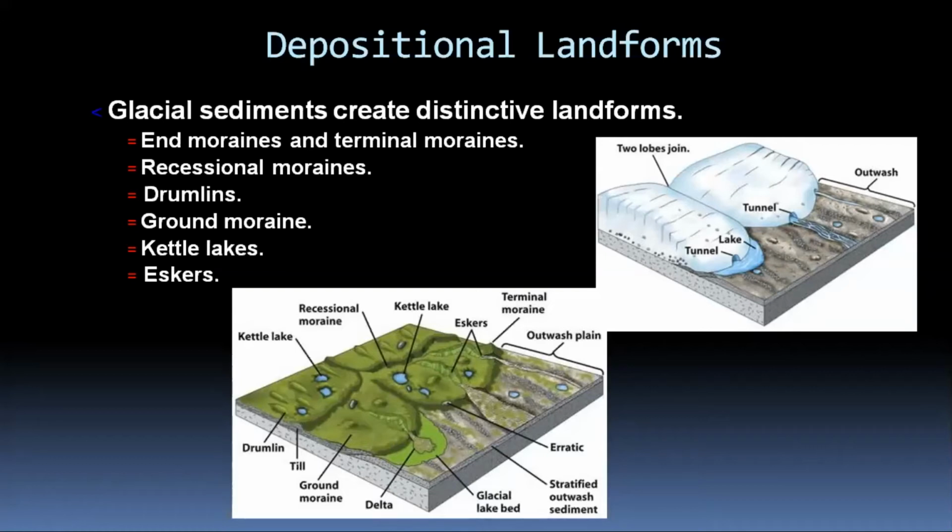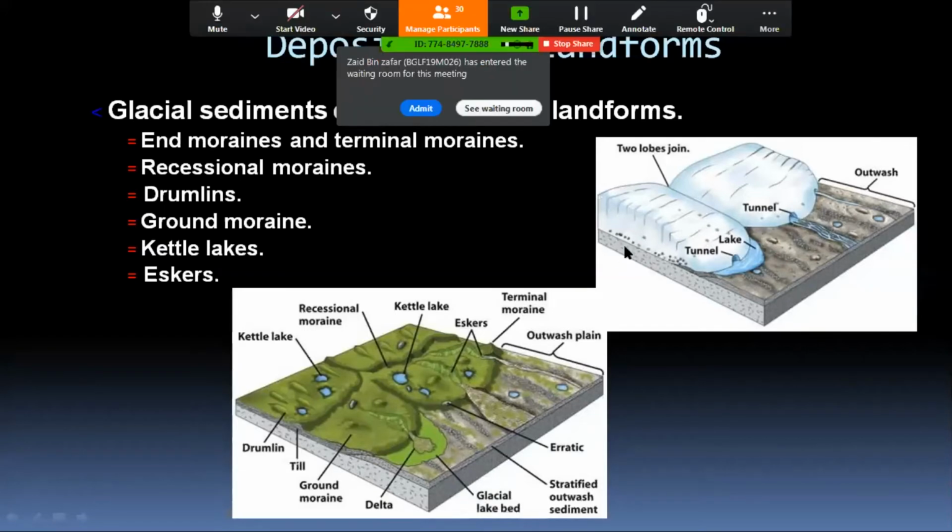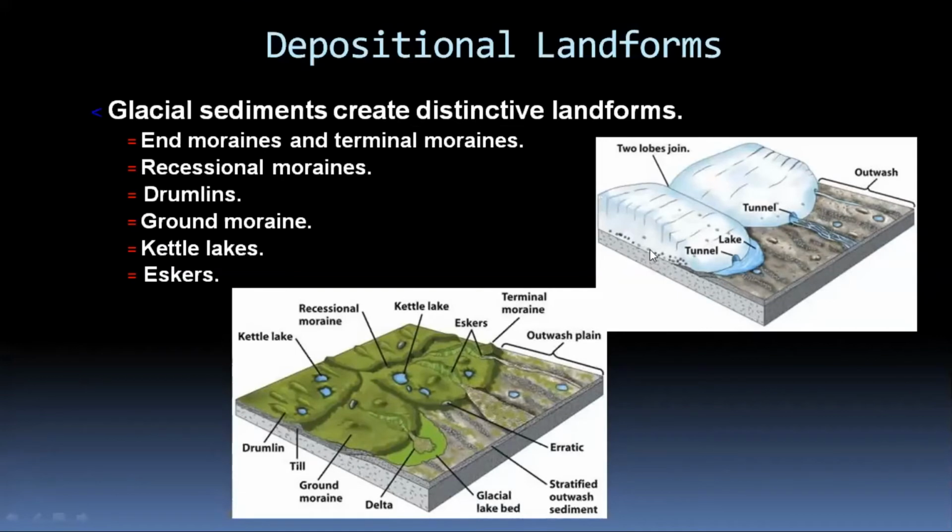Then we have ground moraines, the deposition of glacier, just like if you see on the bottom of the glacier, especially once you have the clasts settling from here, they settle at the base of the glacier, and as a result we call them ground moraine because they are attached to the ground.